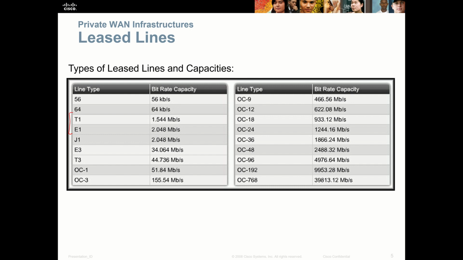You can see that it is slower than our usual internet connection, isn't it?